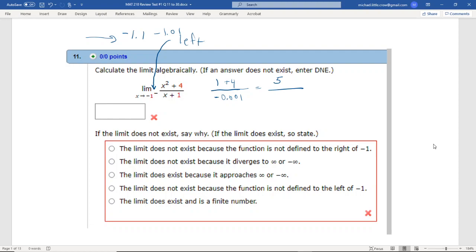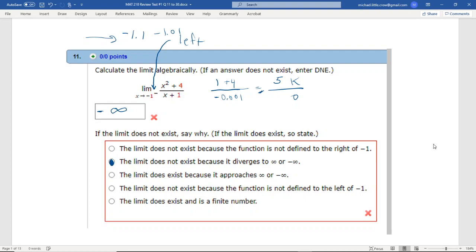So it's a constant, and we end up with a constant over 0, but we're coming from the negative side, so a positive over a negative, it's going to go to -infinity. So you put in -infinity. -infinity is considered to be diverging. The limit does not exist because it diverges, so we would put that in.